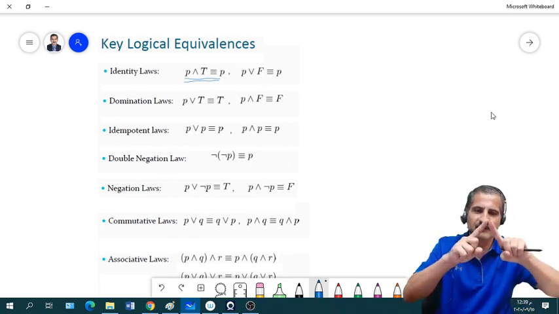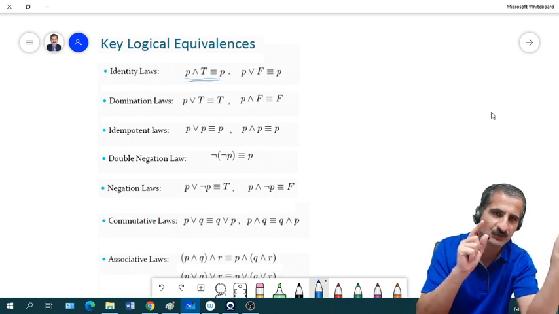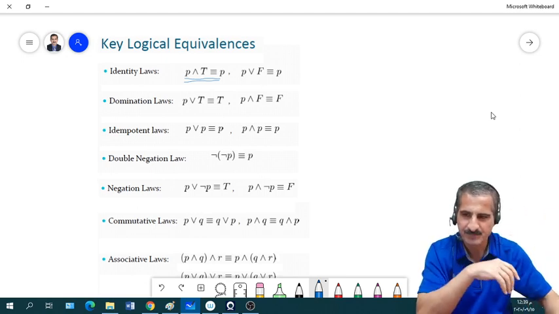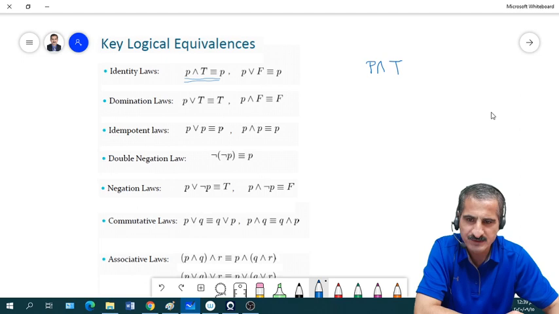Because if we have P with a conjunction and true here, P and true, if P is true, then we get true. Let me write that. If we have P and true, let's see what we get for true or false.